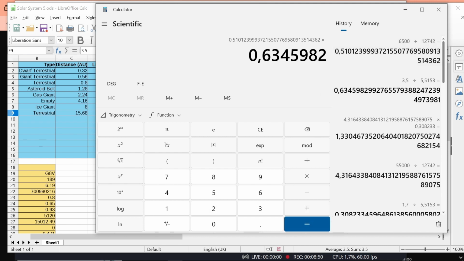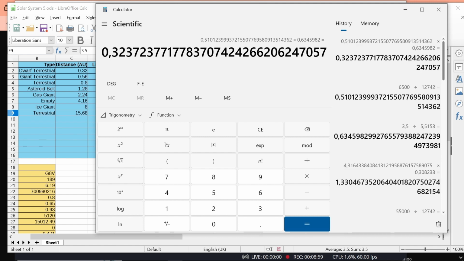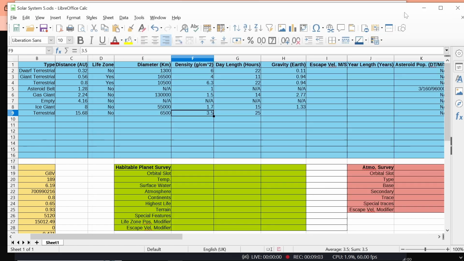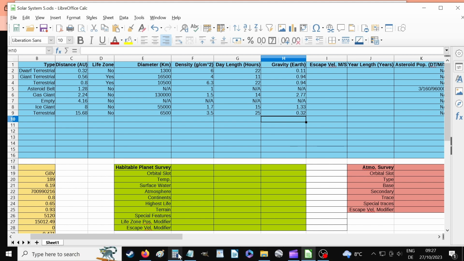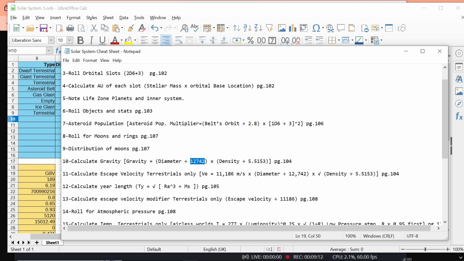You probably don't need that many digits. 0.63 would probably be even fine. I'm just like that. Giving us a gravity of 0.323. 0.32. So that's our gravity. Gravity's figured out. Moving on.